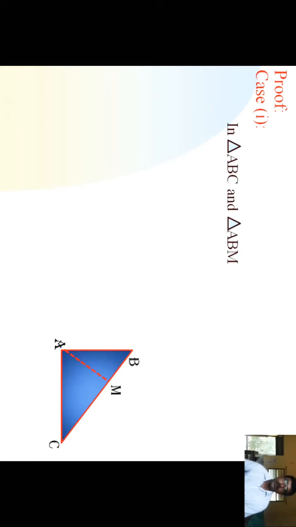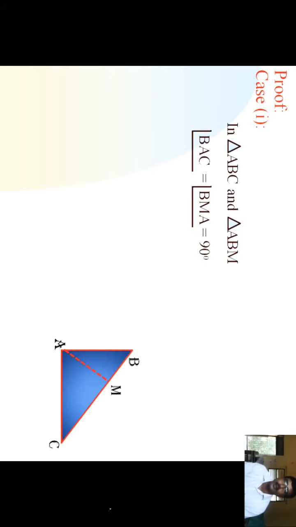That means I need to say that the corresponding angles are equal. To our observation, both the triangles are right angled. That means one of the angles is 90 degrees. Angle A is a right angle, and as per our construction, angle M in triangle ABM is a right angle. Angle BAC and angle BMA are both equal to 90 degrees.